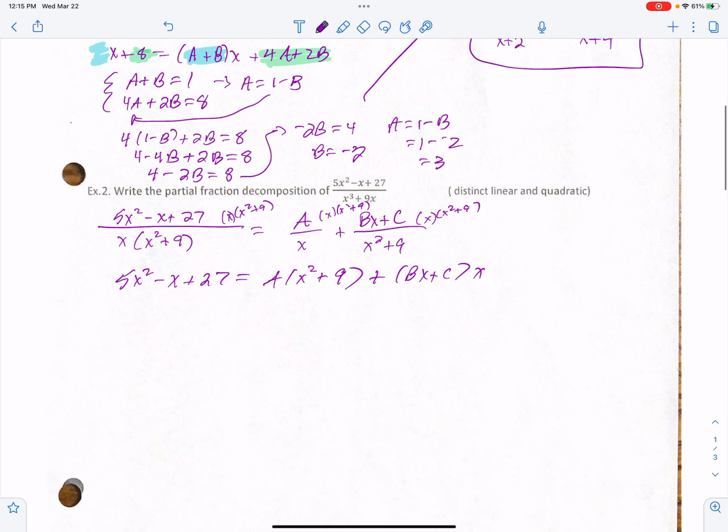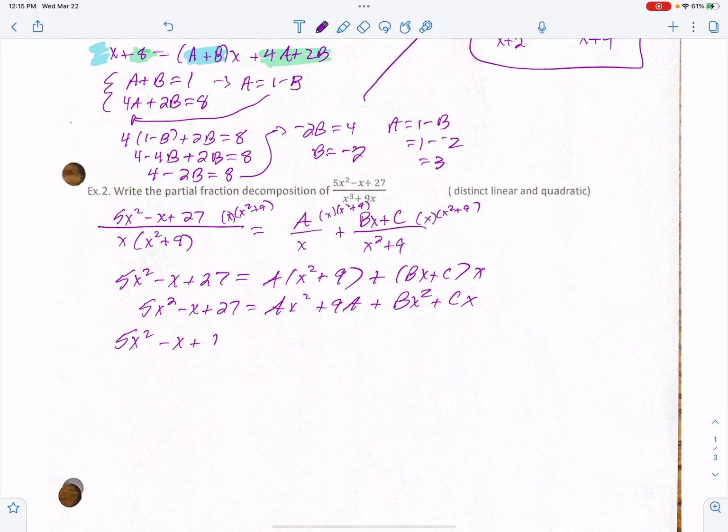I am again going to expand and equate coefficients. And then I'm going to move my x squared terms together, and then it'll be my terms with x and then my constant.